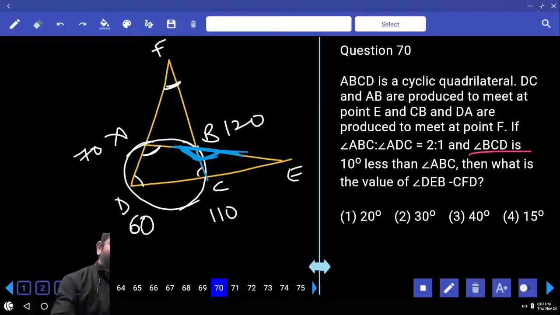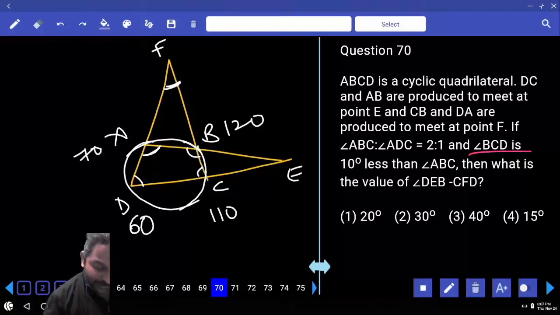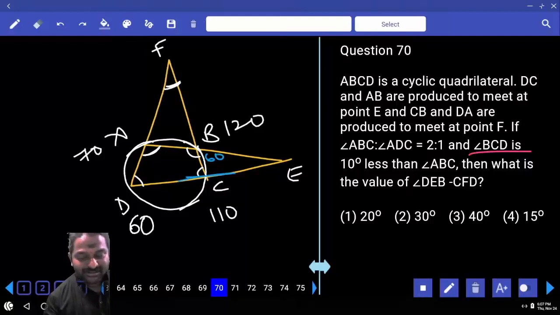Then the other angle must be 60. With the same logic, angle at C, BCD is 110. Then the other angle, 70.